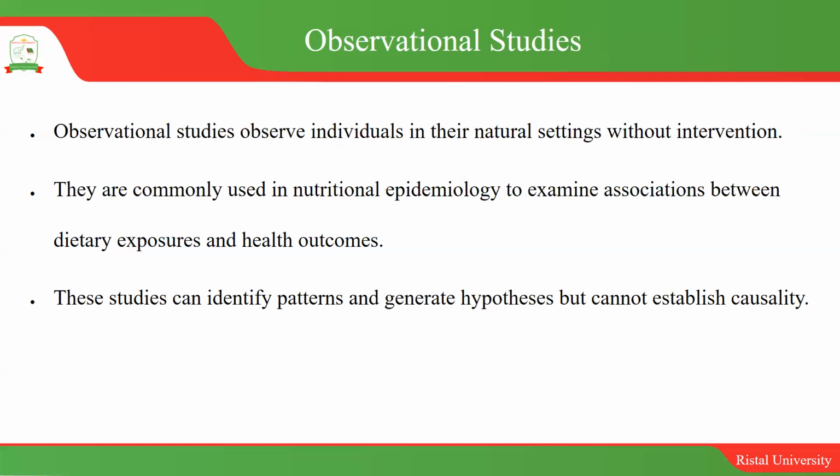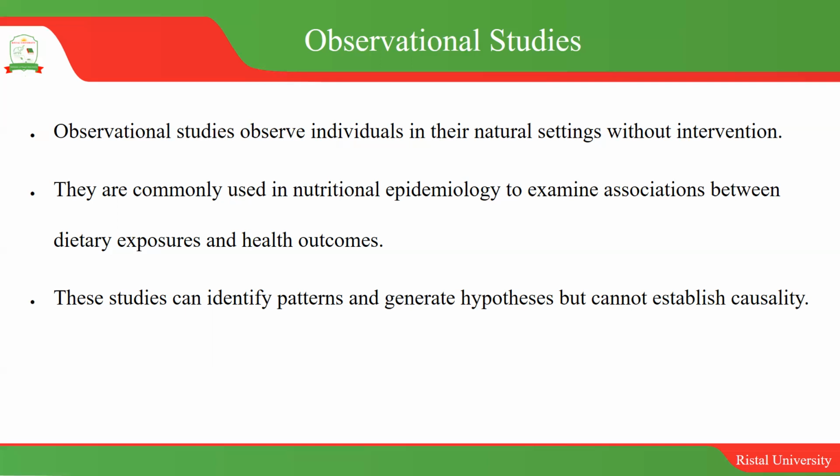With observational research designs, we look at the individuals that we are actually studying, or the participants, in their natural setting. We don't intervene. So we can call these studies non-experimental or non-interventional studies, whereas the other broad category is what we call experimental or interventional studies.